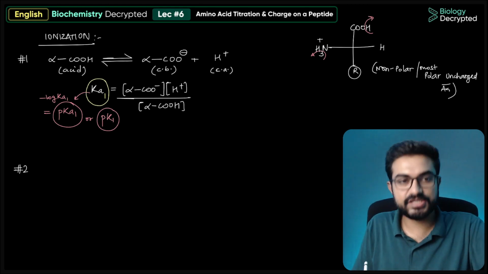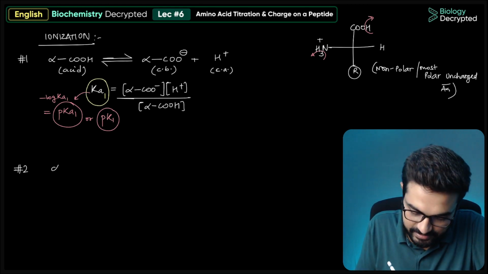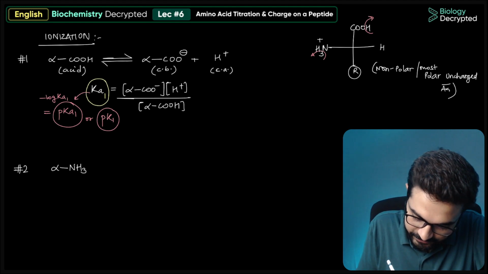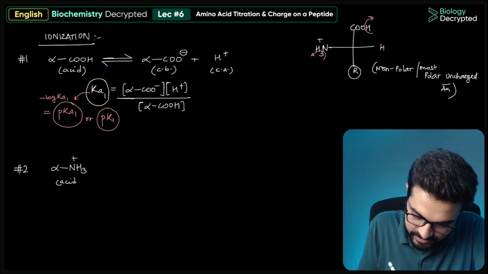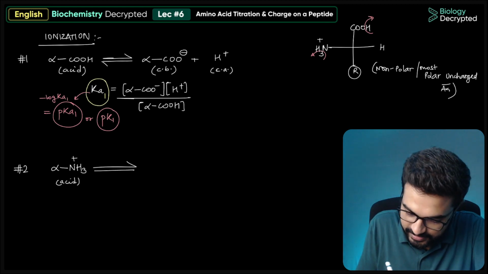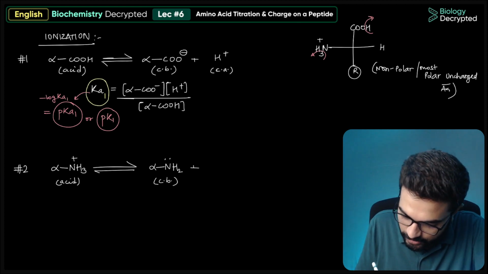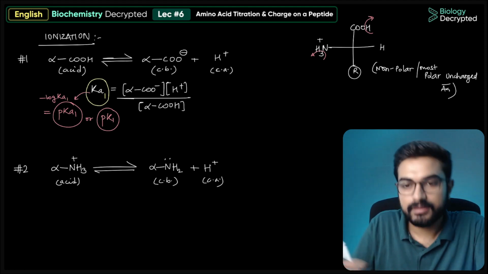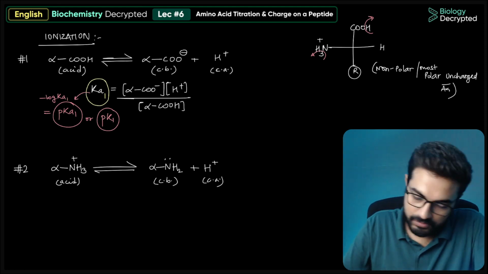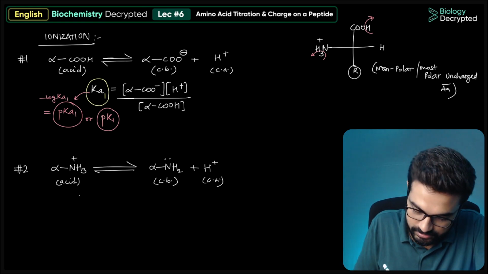Next, the next ionization that will take place is of the alpha amino group. Now this is already protonated, so it's behaving as an acid. It is getting dissociated. The alpha amino group is the conjugate base, and along with it, it is losing a proton, which is the conjugate acid. Now again, we can write Ka2.